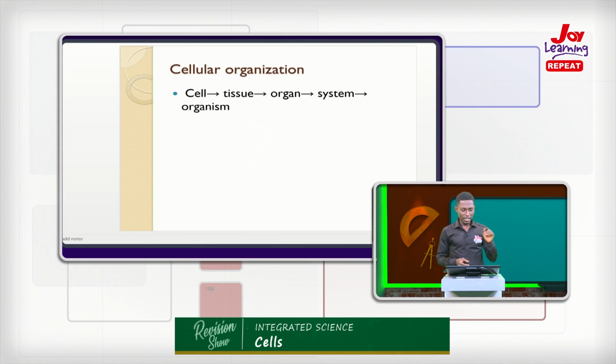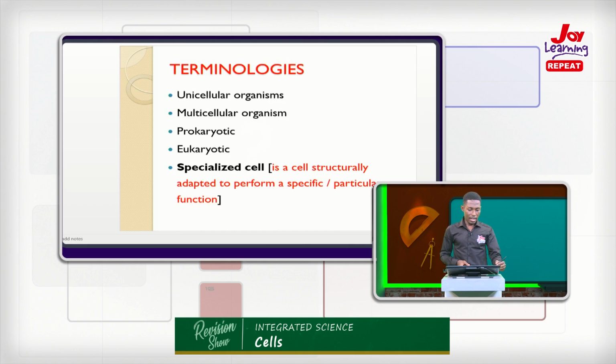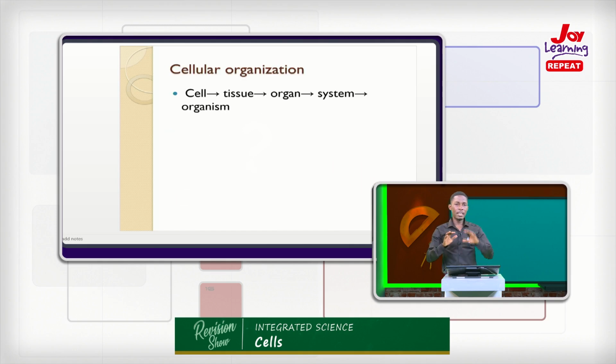So the cell we just described can be grouped together to form tissue, tissue to form organ, organ to form system. And our job will be to take them one after the other and describe it in an organized form.